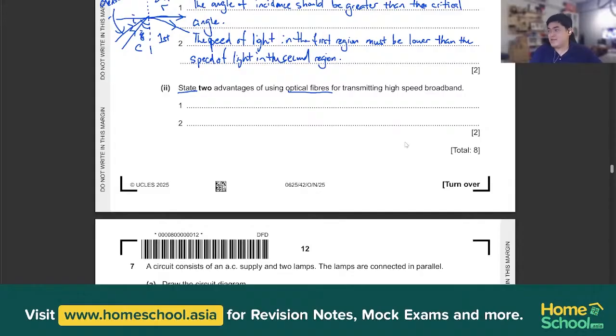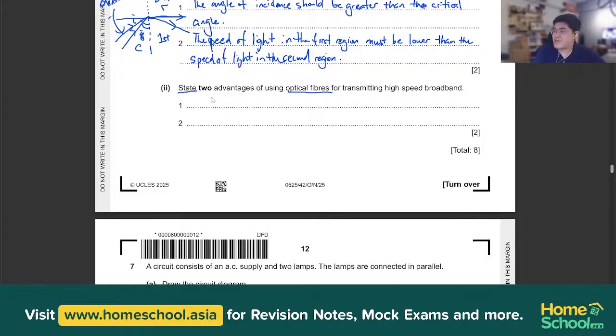Number one, it does have greater bandwidth for faster transmission, and number two, it has little data or signal loss, because it is basically made of light, and light cannot be interfered with much by other means. There are more answers, for example, it's able to carry large amounts of data and information, and is more secure.